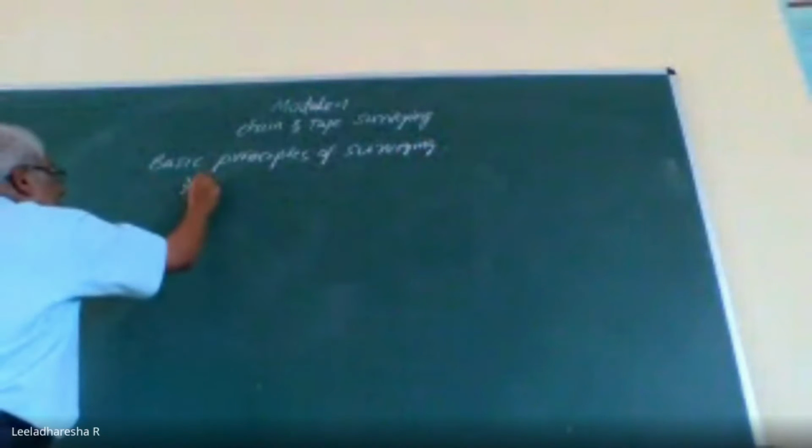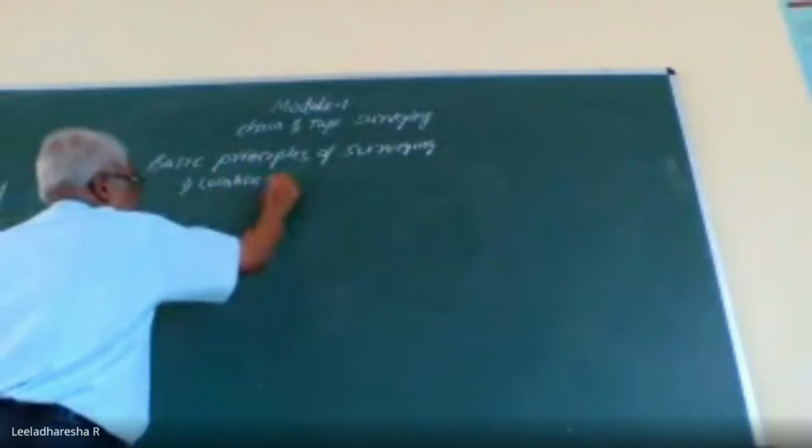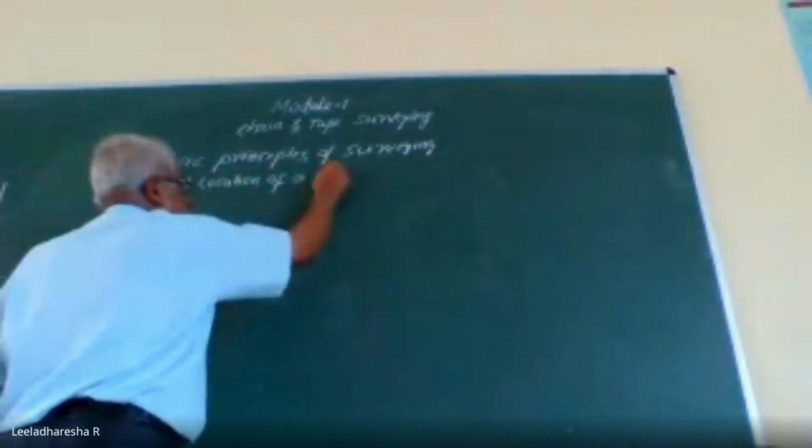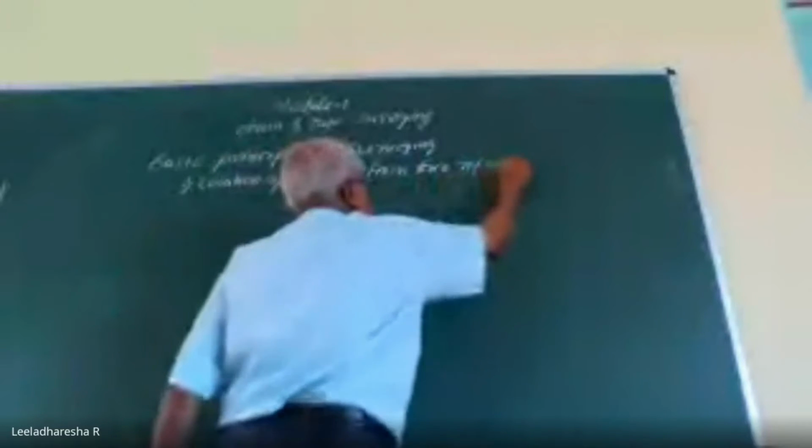The first principle is called location of a point from two reference points.